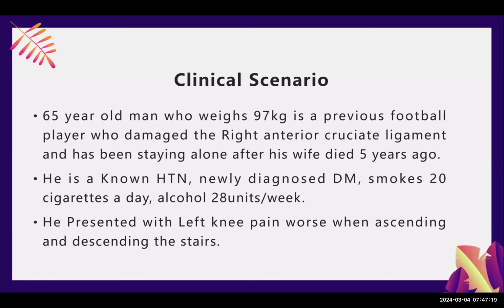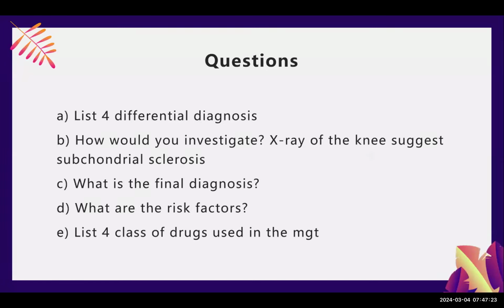He presented with left knee pain, worse when ascending and descending the stairs. The questions were: list 4 differential diagnoses; how would you investigate, X-ray of the knee suggests subchondral sclerosis; what's the final diagnosis; what are the risk factors; list 4 classes of drugs used in management. This question had initially been tackled by Dr. Sunday Zakaria and Ibrahim Abdullahi Aladu.